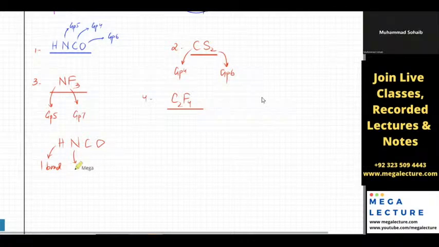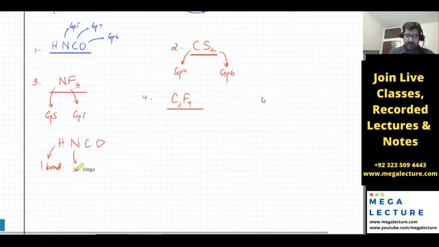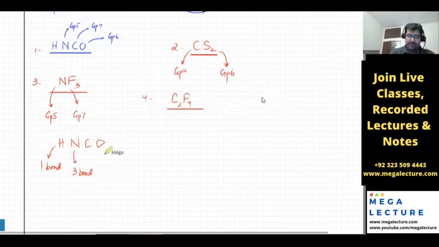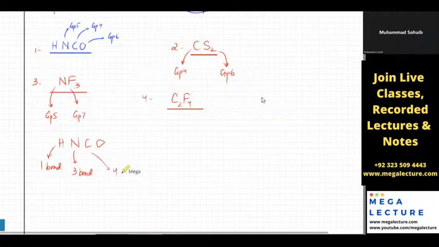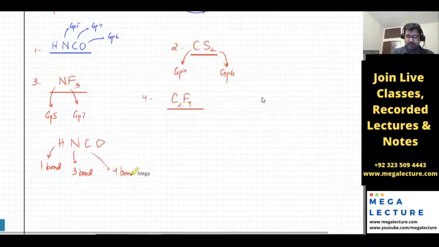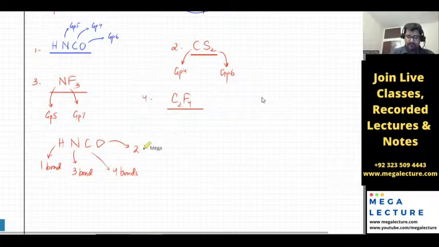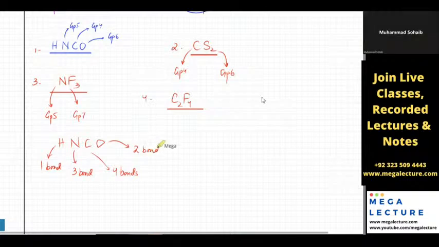N is group 5, ठीक है, that's, it's going to make 3 bonds. Carbon is group 4 so that will make 4 bonds. And oxygen is group 6 so that will make 2 bonds.